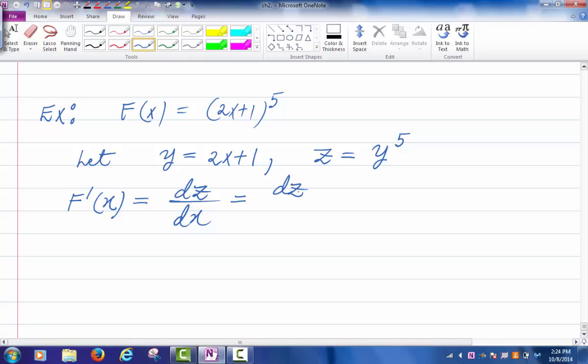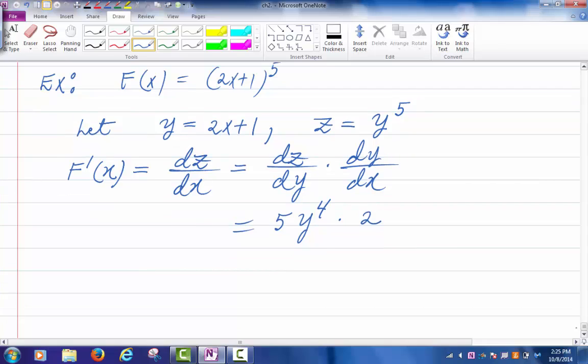This is dz/dy times dy/dx. dz/dy would be 5 y to the 4, and dy/dx is 2. So I get 10 y to the 4, but then if I plug in 2x plus 1 for y, I get this. So that's the derivative.